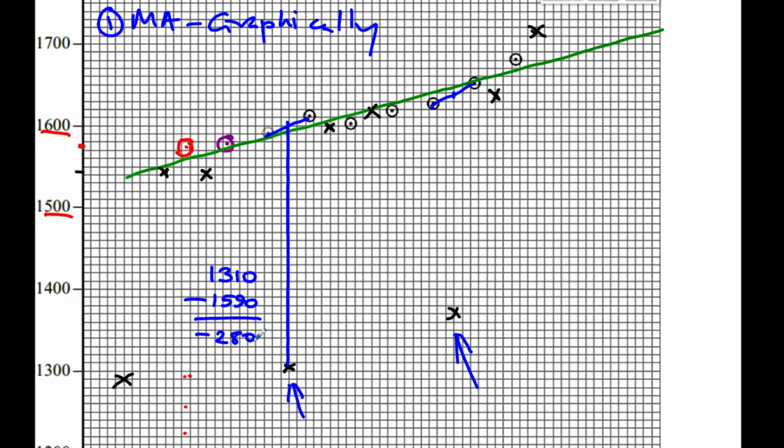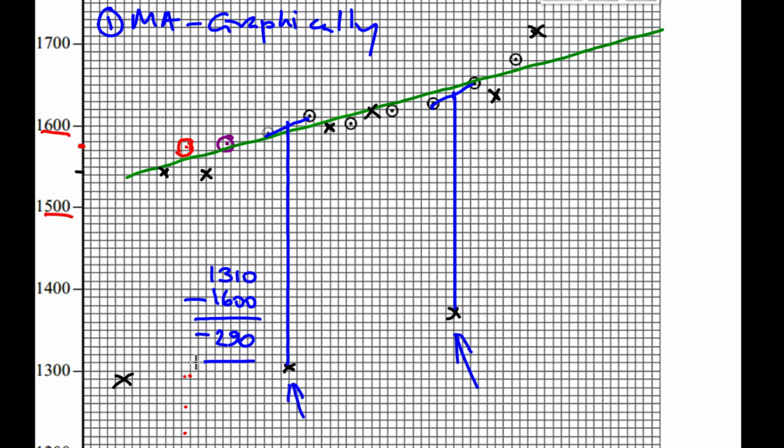Here we go. If I did the same thing on the second point, so I'm going to correct that a moment. That figure here is 1690, and that's therefore 280. So 1600, and that one's therefore 290.